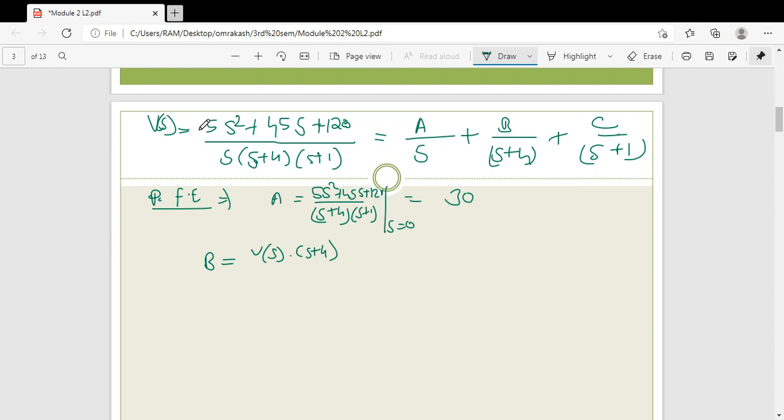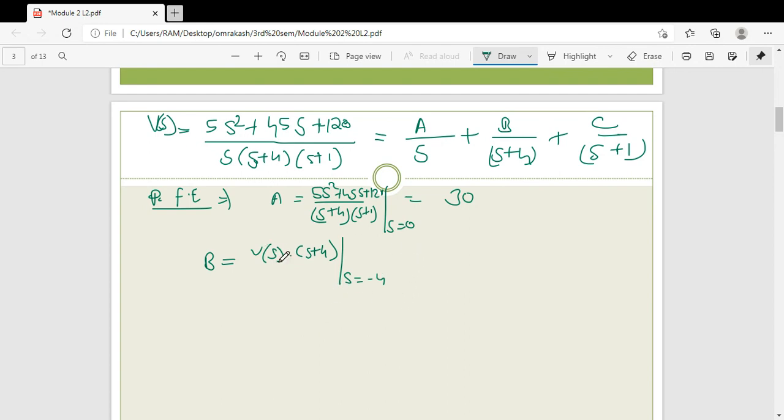So this whole V of S is multiplied by S, then you will get this value. Similarly, this whole V of S is multiplied by this S plus 4. So this S plus 4 is cancelled out, and by placing S equal to minus 4, you have to equate this factor with 0, right?